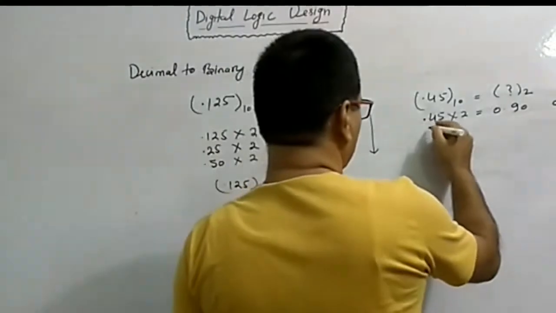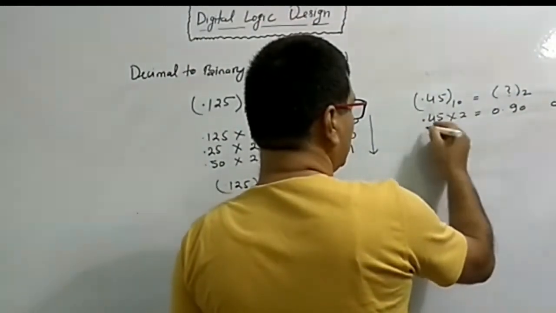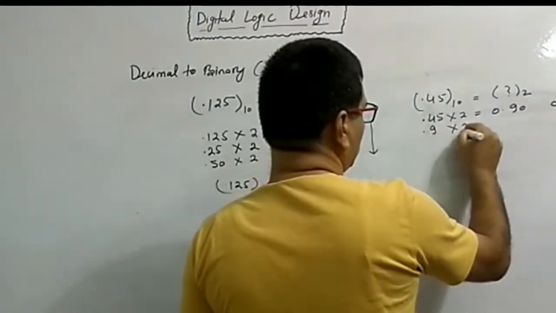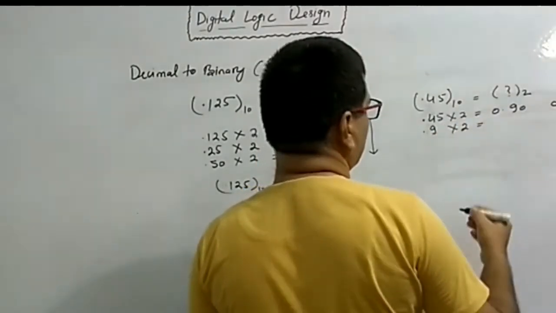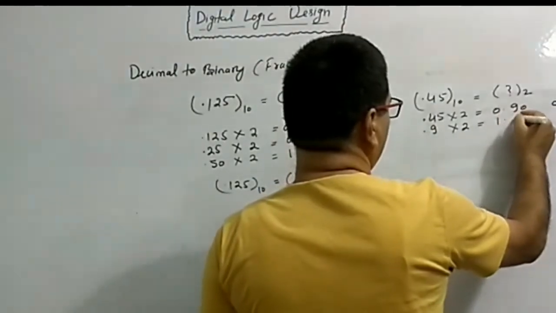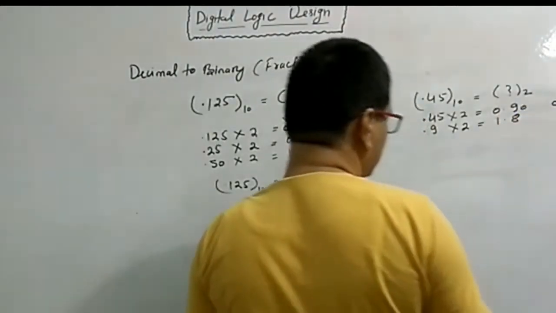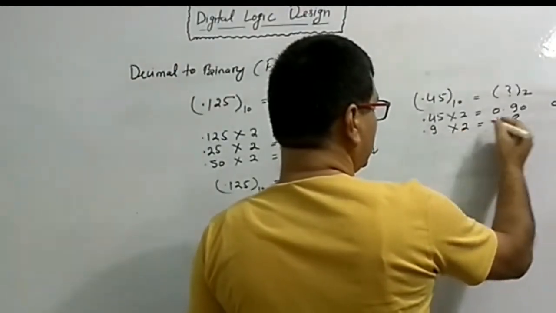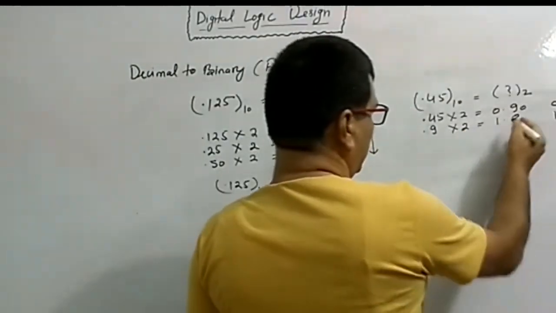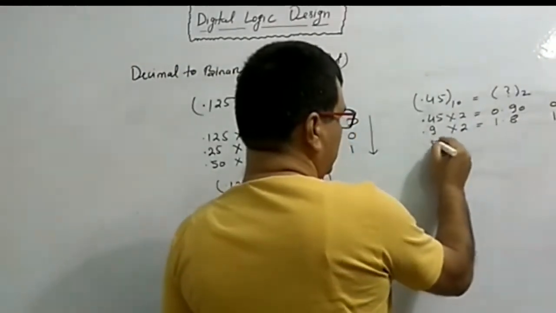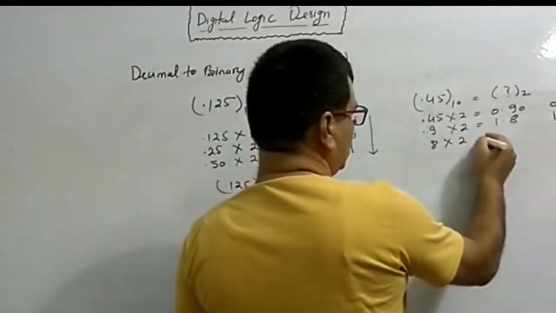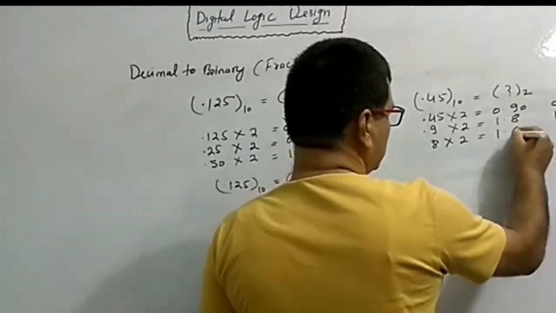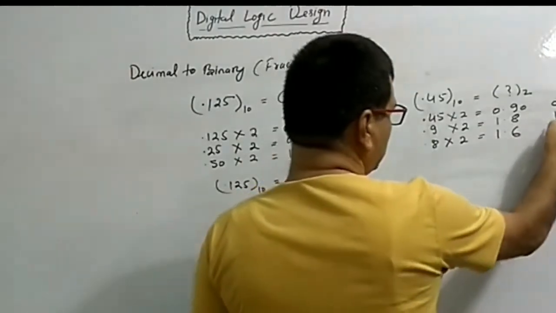Again multiply 0.90 with 2. This is 1.8. Then the integer part is 1. Again the fractional part 0.8 multiplied by 2 is 1.6. What is the integer part? It is 1.